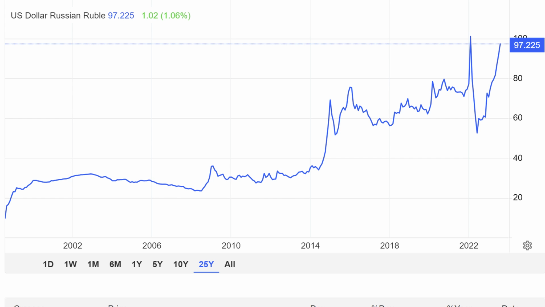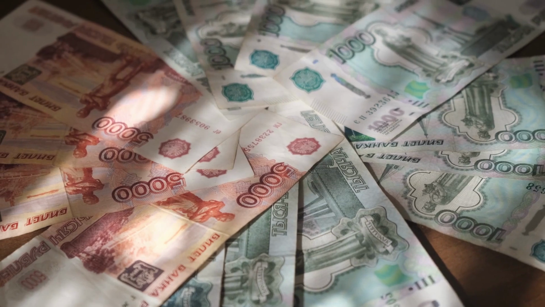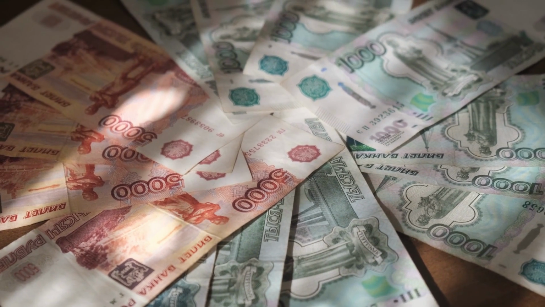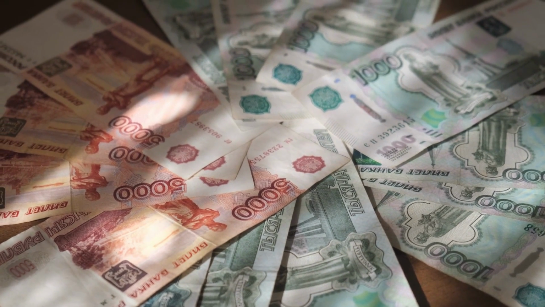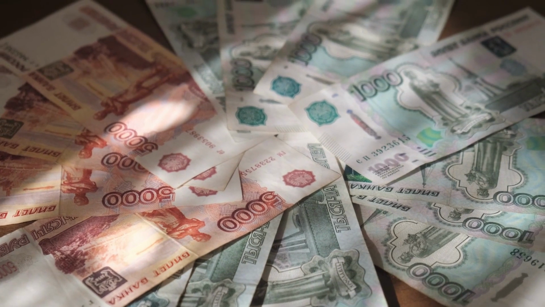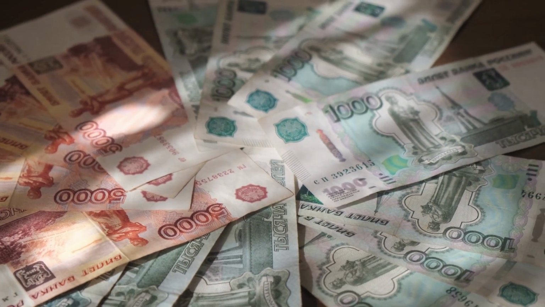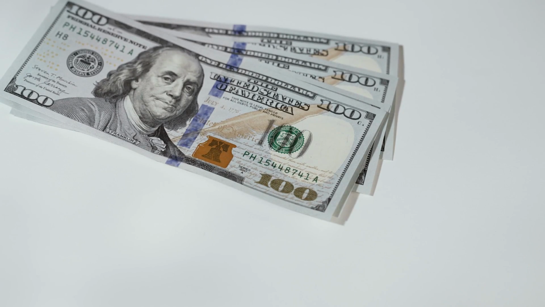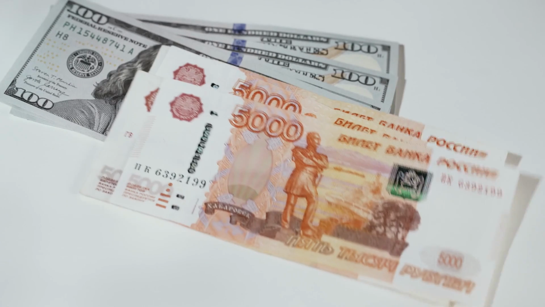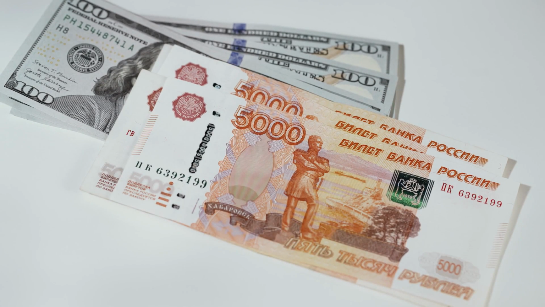Now, you may be sitting there thinking, does this really matter? Has Russia actually been doing that much trade with the United States over the course of the last 25 years? And the answer is that the exchange rate between the Russian ruble and the US dollar is actually very important to the Russian economy, because historically the main products that Russia has been trading in the international markets, oil and natural gas, are benchmarked in US dollars.